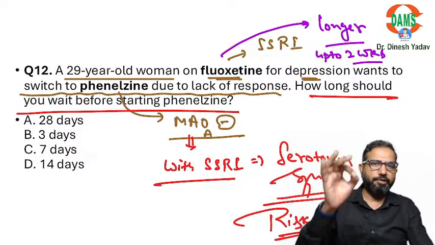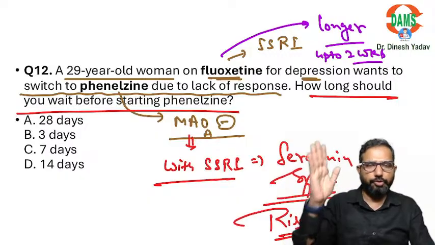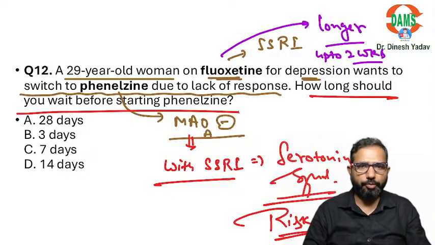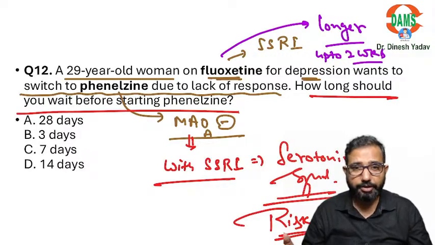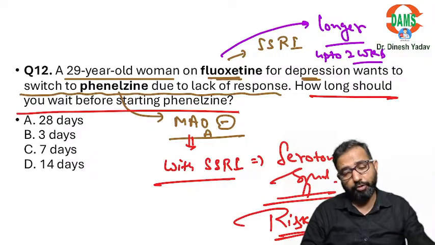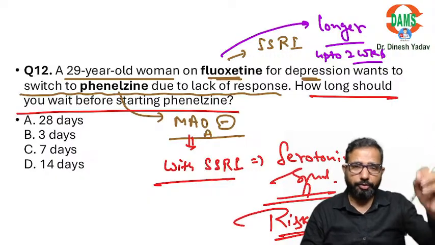So our purpose is to avoid this risk of serotonin syndrome. So definitely we'll wait for the fluoxetine to be eliminated from the body. You can see it has a very long half-life. Norfluoxetine, the half-life is around 2 weeks. It will take many half-lives, 4 to 5 half-lives for elimination.